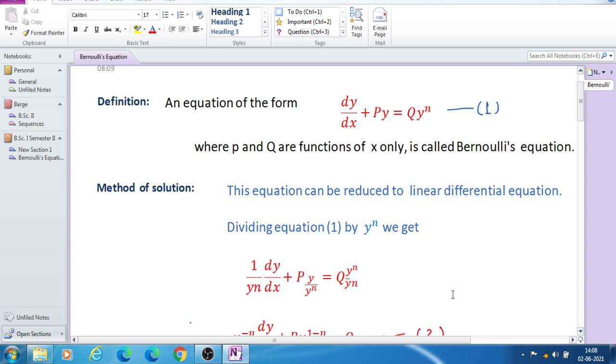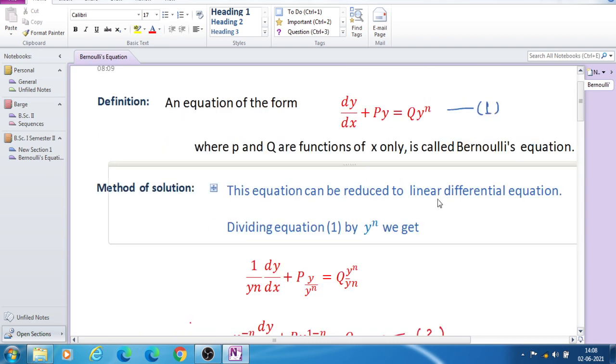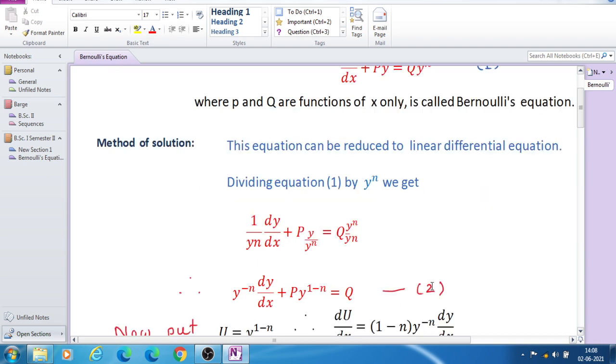So first we divide y raised to n on both sides of the equation. Therefore we get 1 upon y raised to n into dy by dx plus 1 upon y raised to n into py is equal to q into y raised to n upon y raised to n.